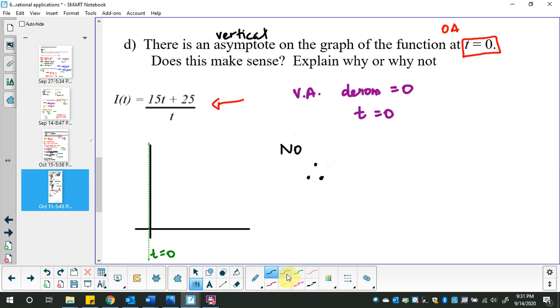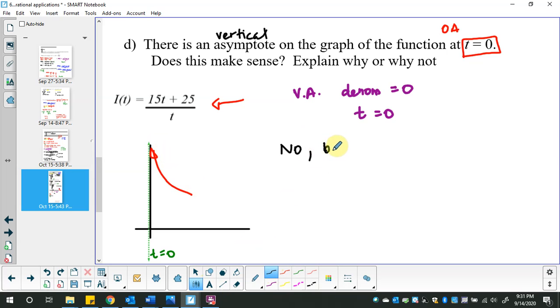Because if this function is getting less and less as time goes on, that means you would be getting closer and closer to this asymptote. And if you're getting closer and closer and never touching the vertical asymptote, which is not a thing, then you never know what you started the investment with. So I'm going to take out my therefore statement and put in a because.